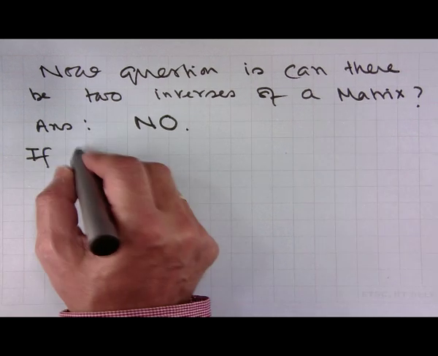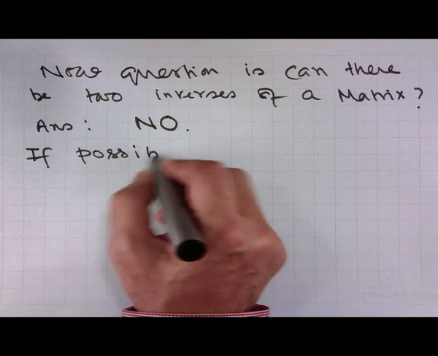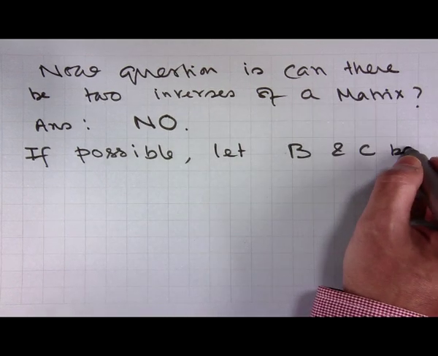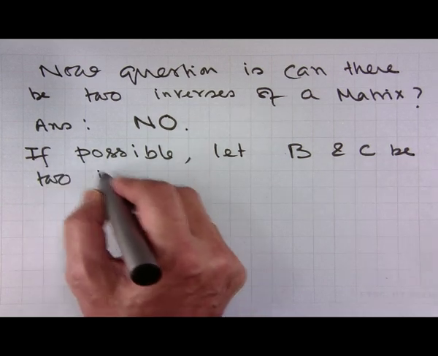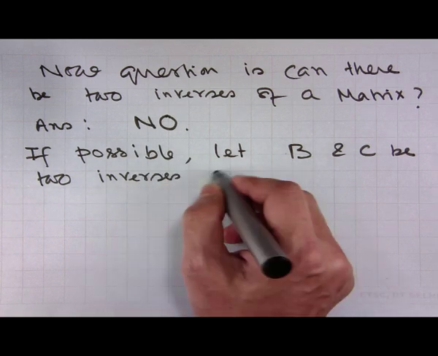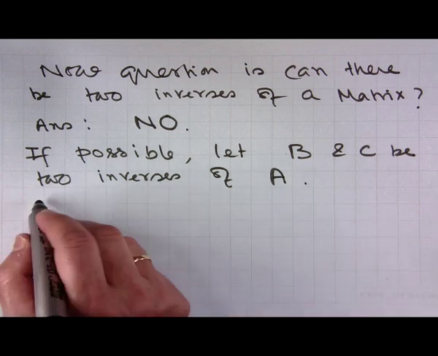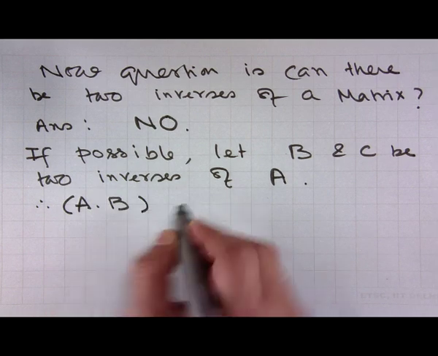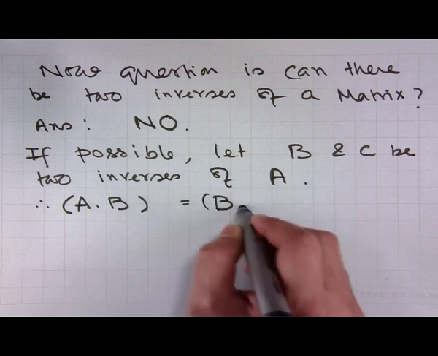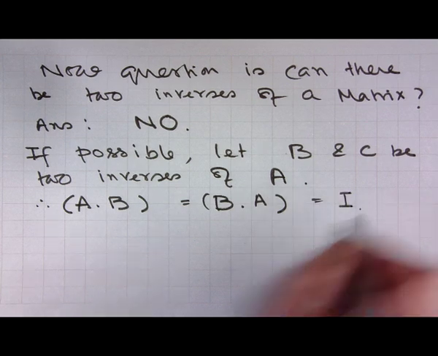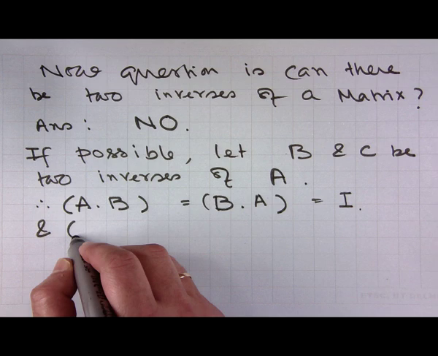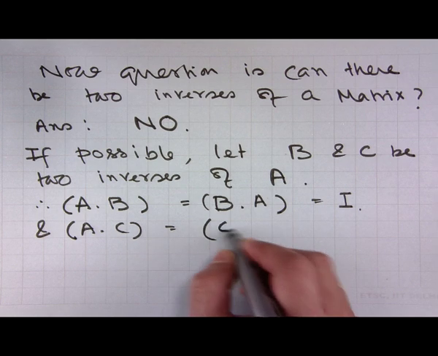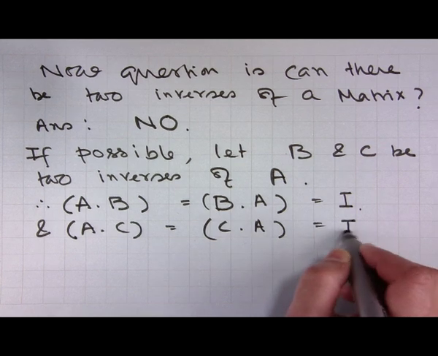If possible, let B and C be two inverses of A. Therefore, A times B is equal to B times A is equal to identity, and A times C is equal to C times A is equal to identity.